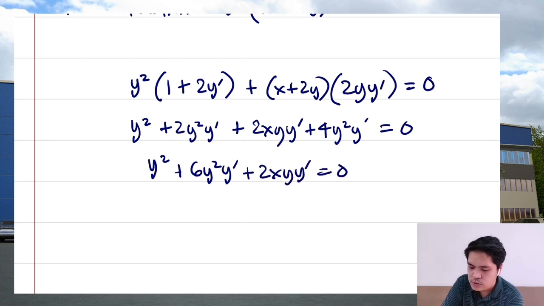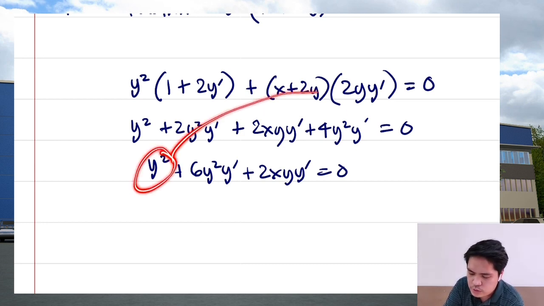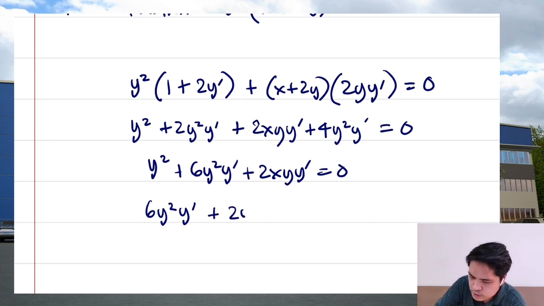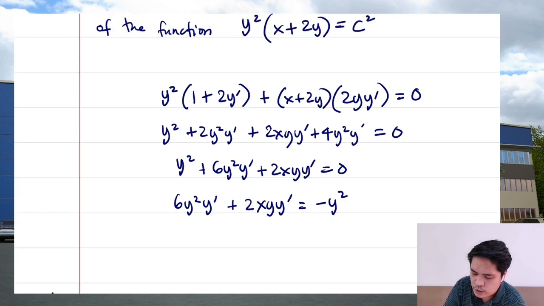And that is equal to 0. Okay. Or pwede ito, I'll just transpose it to the other side. So that will become 6y squared y prime plus 2x y prime, that's equal to negative y squared.